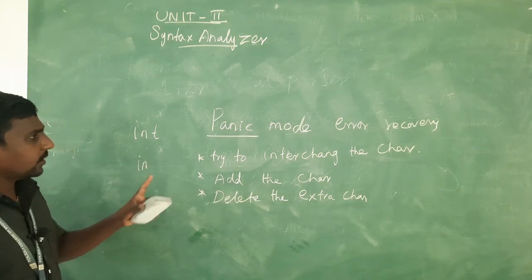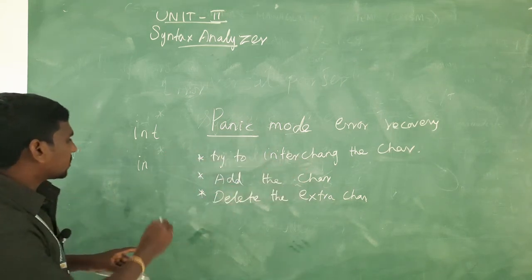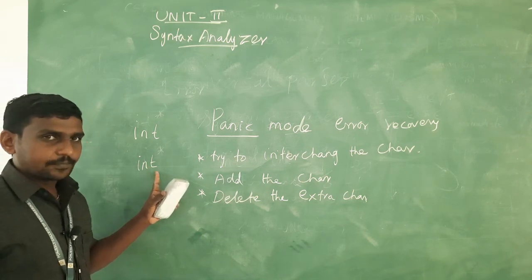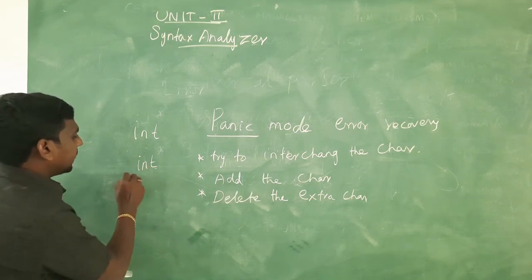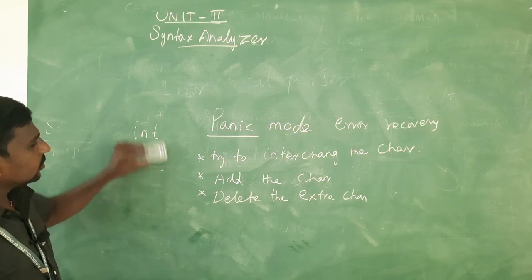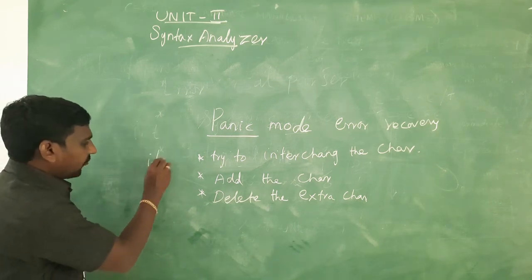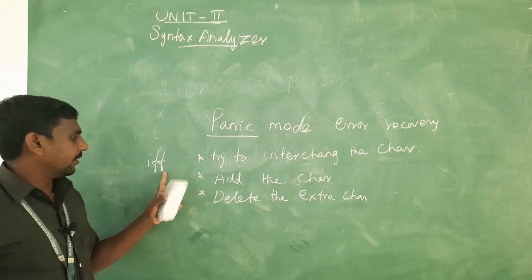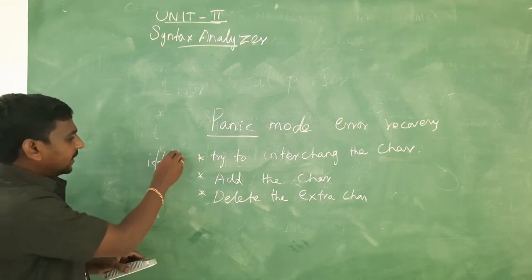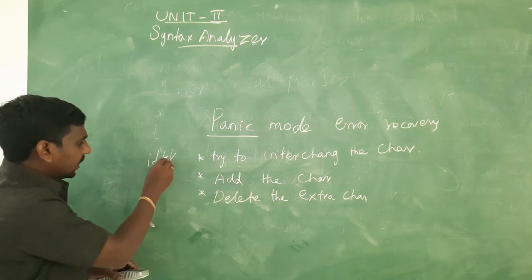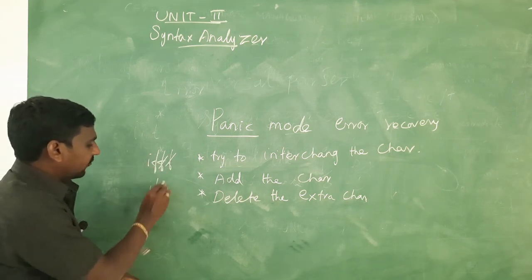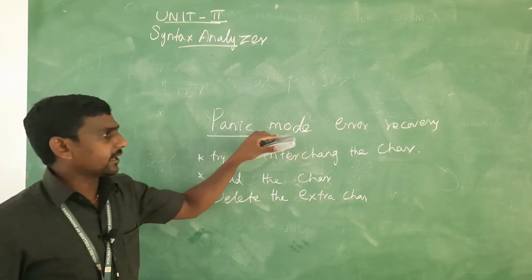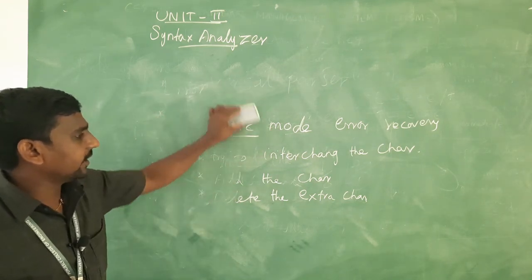In is not a keyword. Panic mode error recovery will try to add one character, t, giving int, which is a correct keyword. And try to delete an extraneous character. For example, if the programmer puts 2f or 3f, it tries to delete the extra character, so automatically it finds if. So one of the main important error recovery strategies is panic mode error recovery.